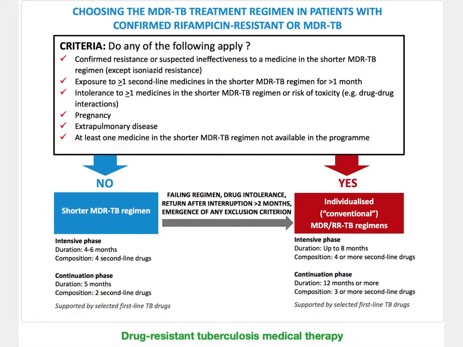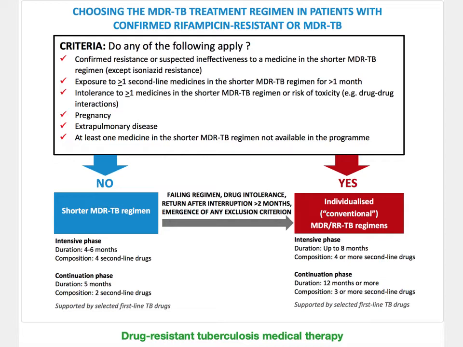You have to see confirmed resistance or suspected ineffectiveness to a medicine in the shorter multiple drug resistant TB regimen, except isoniazid resistance, or any exposure to one or more second line medicines in the shorter multiple drug resistant TB regimen for more than 1 month, or intolerance to one or more medicines in the shorter multiple drug resistant regimen, or a risk of toxicity, for example drug interactions, then pregnancy, extrapulmonary disease, or at least one medicine in the shorter MDR TB regimen not available in the program.